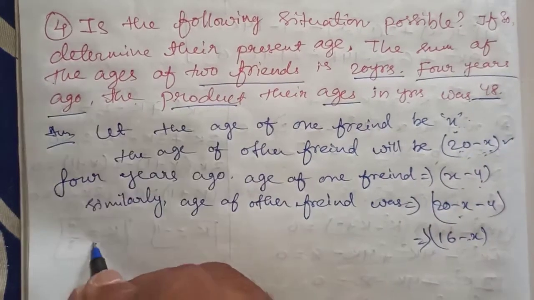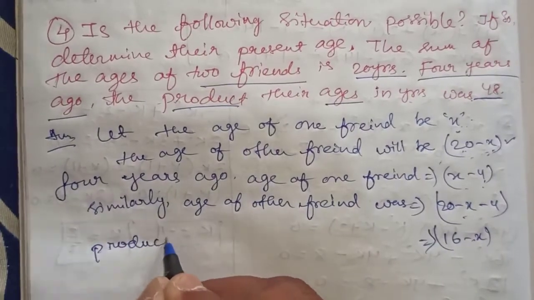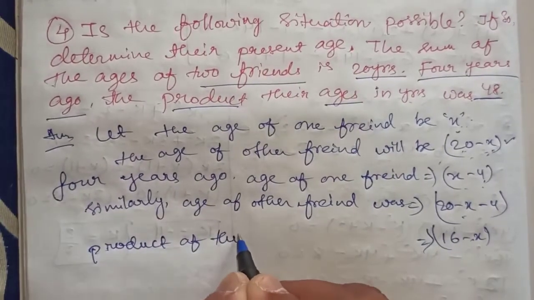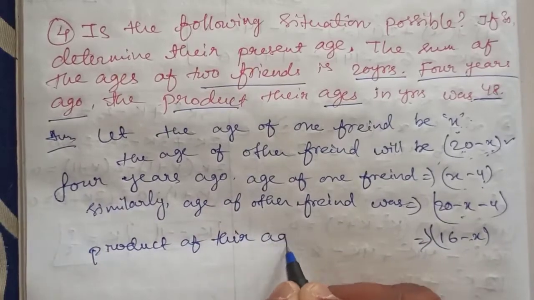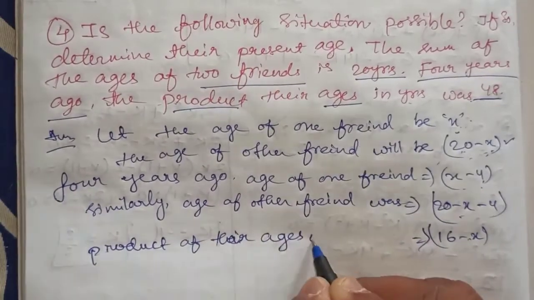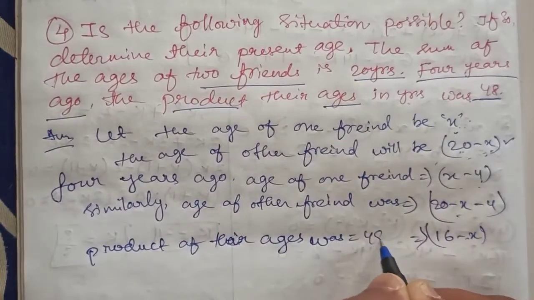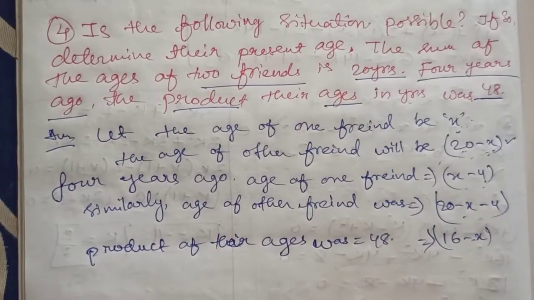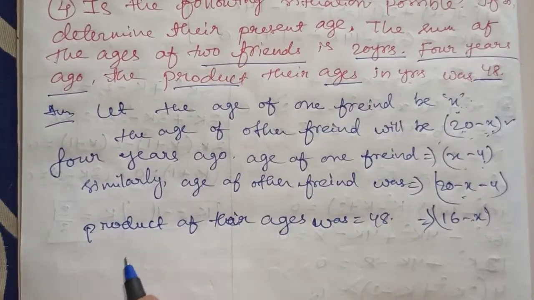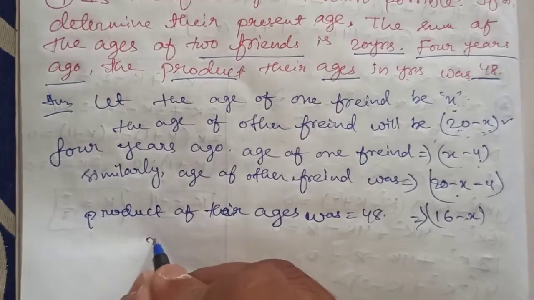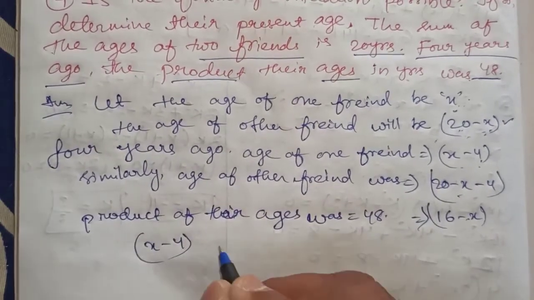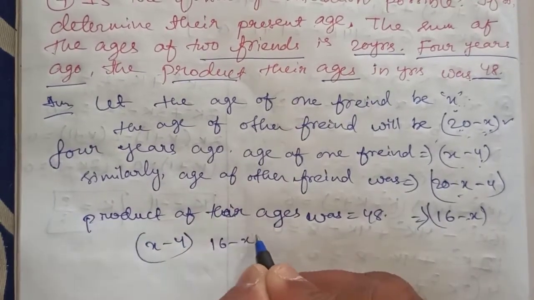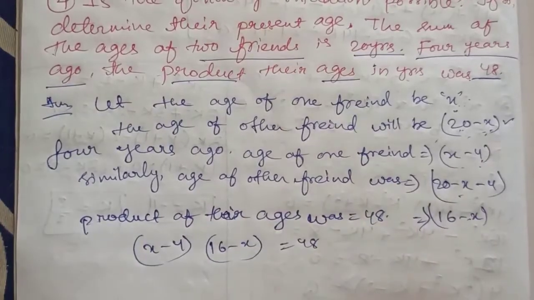Now the product of their ages was 48. So we have to multiply their ages: x minus 4 into 16 minus x equals 48.